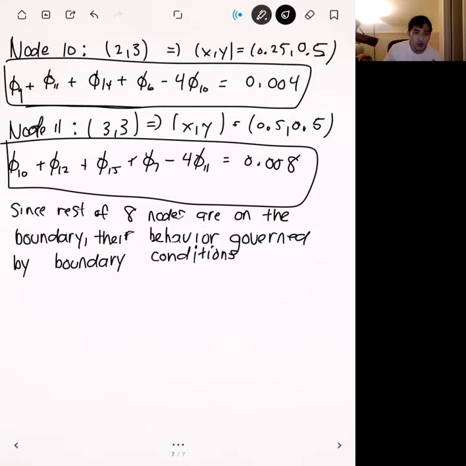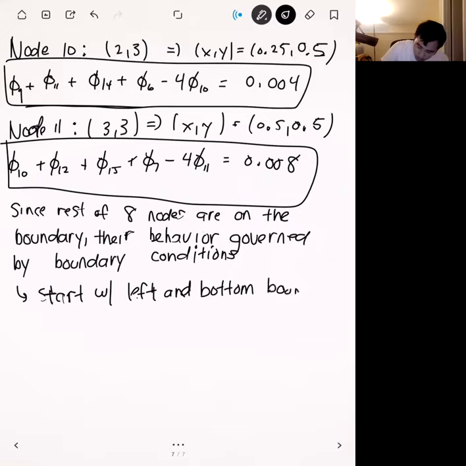Let's start with the left and the bottom boundaries because those are relatively simple, because those are Dirichlet. Remember, for Dirichlet boundary conditions, we're just directly specifying the solution at the node.